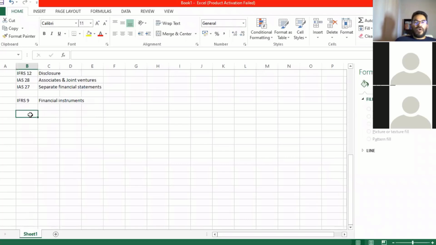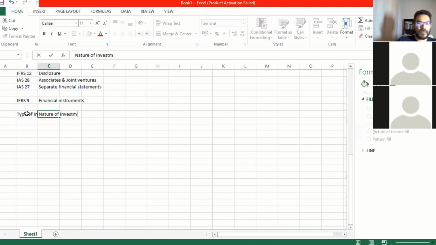So now I'm going to give you an overview of the various types of investments and how to treat them, the various type of accounting treatment. So the various categories of the table is broken up into type of influence. Then we'll have nature or type of investment, nature of the investment.